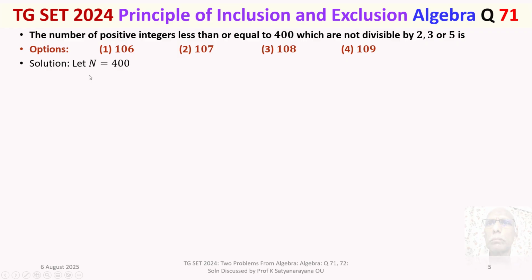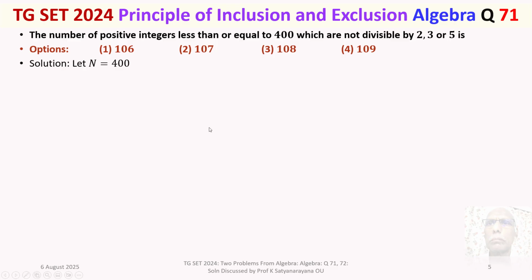Let capital N be equal to 400, because we have to count the number of positive integers less than or equal to 400 with this property. So N is equal to 400. First, we count how many positive integers less than or equal to 400 are divisible by 2.